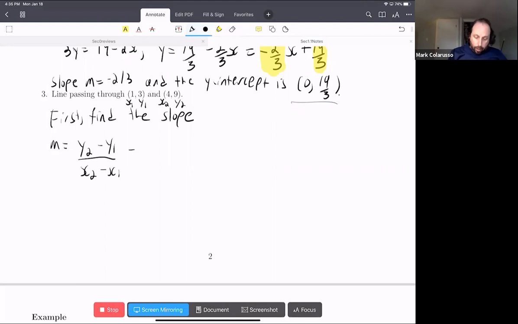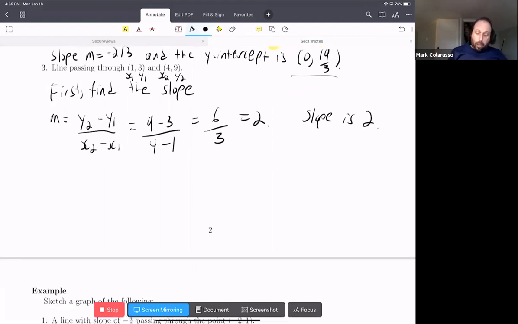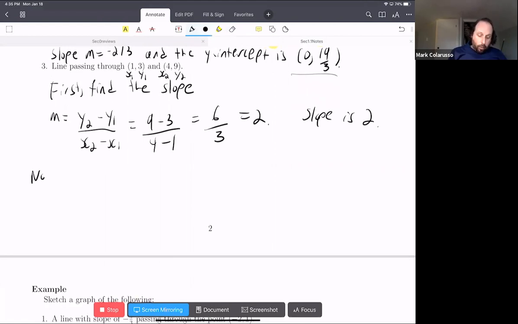So you get 9 minus 3 over 4 minus 1 is 6 minus 3, which is 2. So the slope is 2. Okay, and now we can get the point-slope equation of the line.